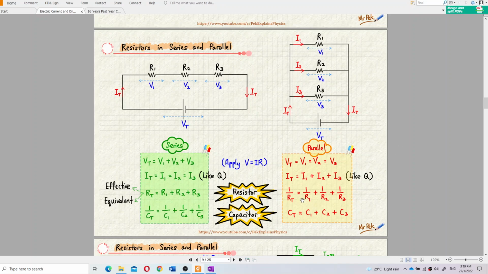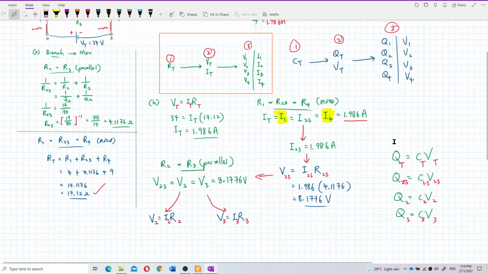So resistor and capacitor is more or less the same, and the strategy is more or less the same. Understand? Find the resistor total first, then go to the total current, total voltage, then only find individual current and individual voltage.